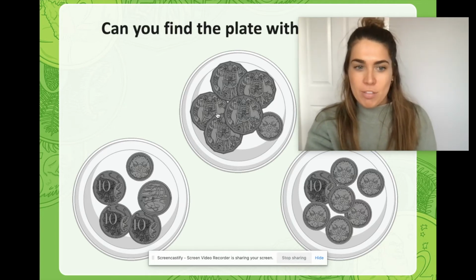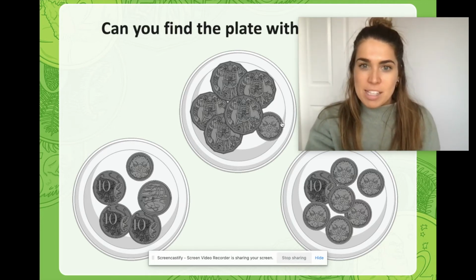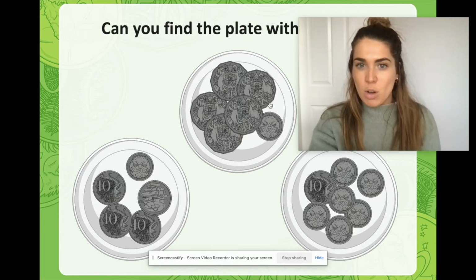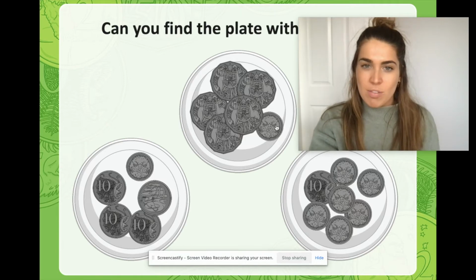But I'm not finished counting my plate yet. My smallest little coin, which I count last of all, is a 5 cents. I'm not going to add him to the dollar amount. He's a cents, so I'm going to match him with the other cents left over here. 50 plus 5, or 50 skip count on 5 more, is 55. So the amount in this plate is $2.55.